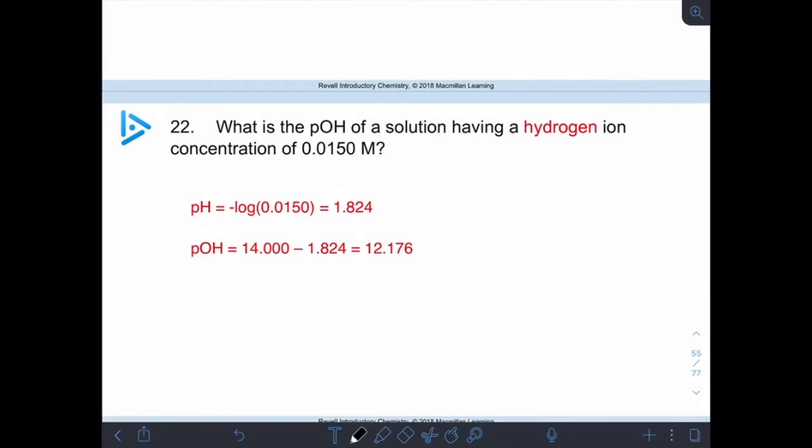So the negative log of 0.0150, we have 3 sig figs here, so we should get 3 decimal places here. And then 14 minus the pH gives us 12.16. Okay.